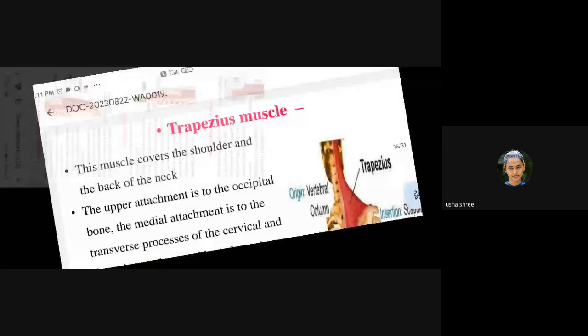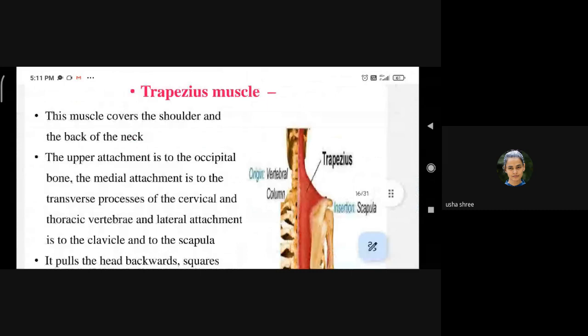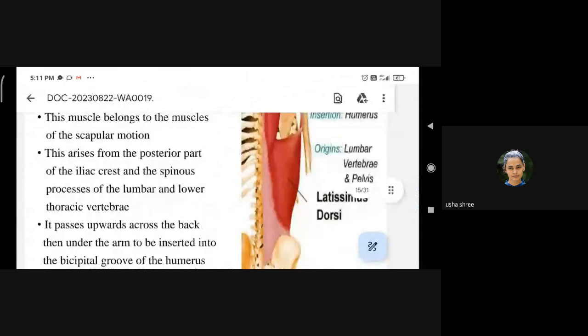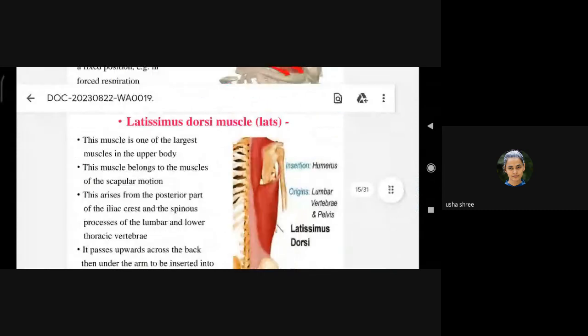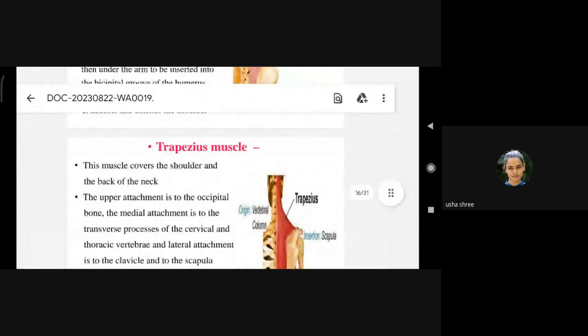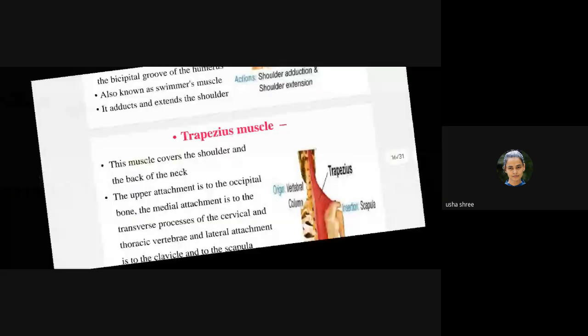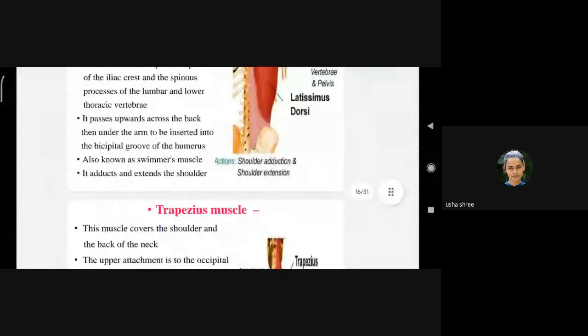So yesterday, we completed till this latissimus dorsi, right? Today, we will go to this trapezius muscle.